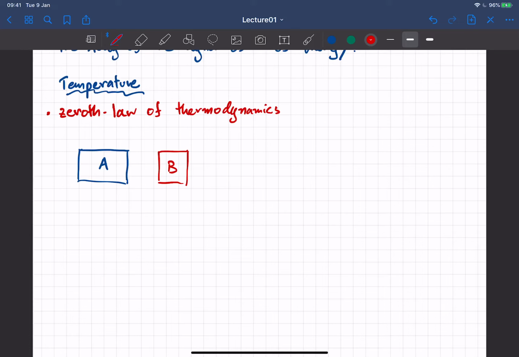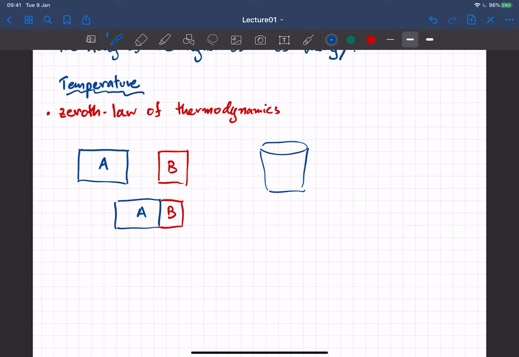So a thermal contact means you allow energy to flow from one object to the other object. So you bring A and B together like this, right? And it doesn't really have to be like this. It can be the case where you put some ice in a cup of water, then ice and water will be in what we call thermal contact, right?